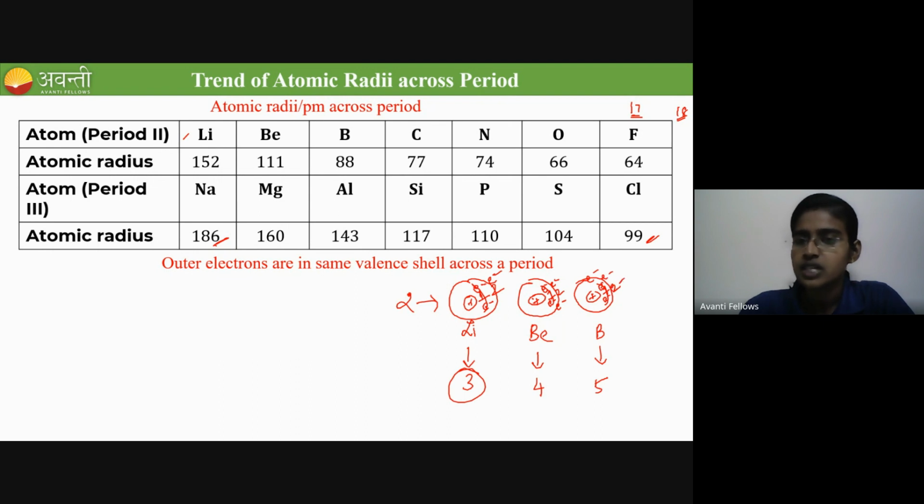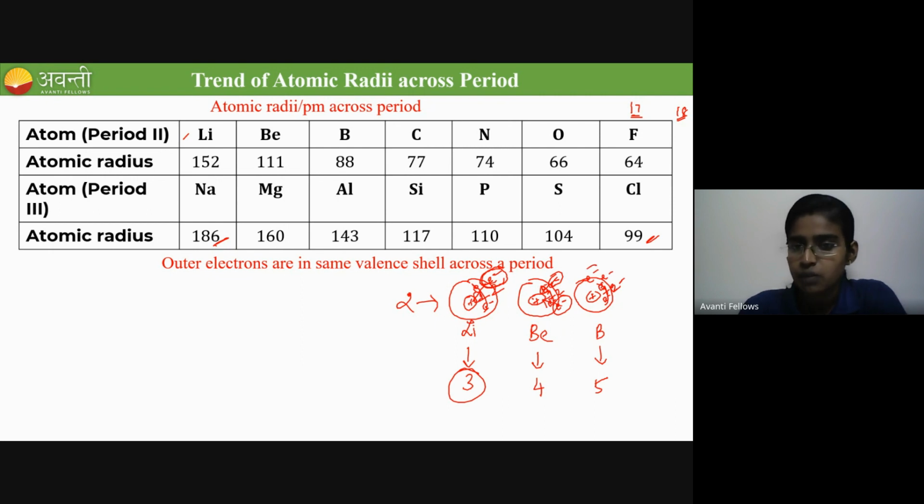So when you see here, for lithium, in the outermost shell we have only 1 electron. It is getting attracted towards the nucleus. For beryllium, we have 2 electrons in the valence shell, the outermost shell, so there will be a force of attraction for the 2 electrons towards the nucleus.